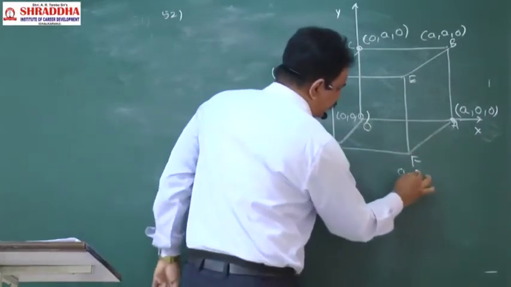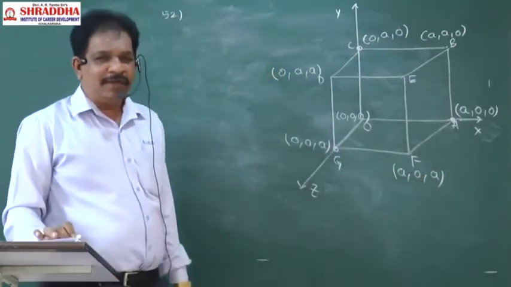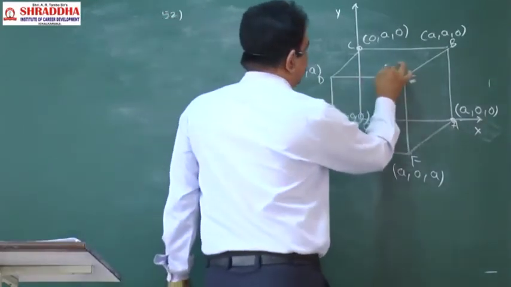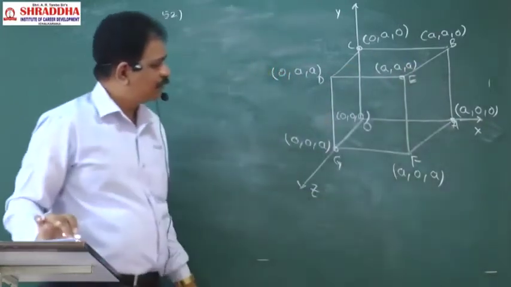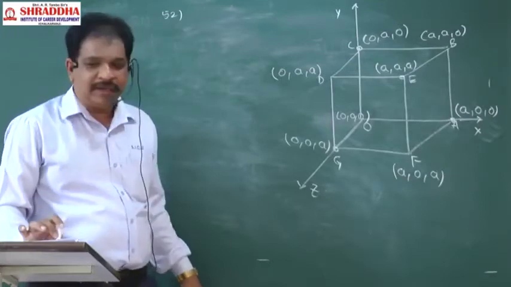So, A, 0, A. It is a little bit of a difficult task for you, and its coordinates will be A, A, A. Okay? Like that, first we have to write the coordinates.